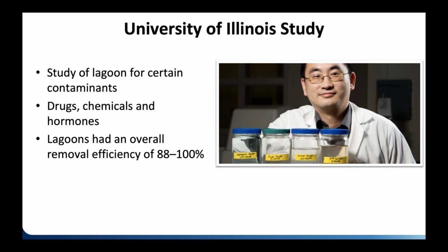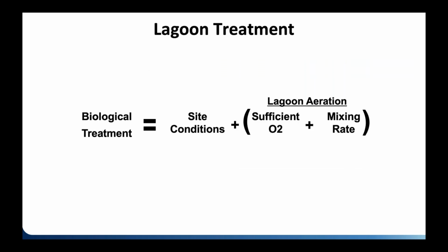And this University of Illinois researcher found that lagoons removed about 88 to 100% of these types of drugs, chemicals, and hormones that are being flushed down our toilets these days. And that's because of their massive retention time in lagoon systems. This is a really interesting fact, because at some point these types of contaminants may be regulated, and lagoons might be needed in order to accomplish that.